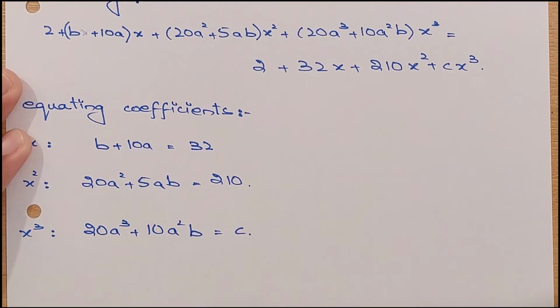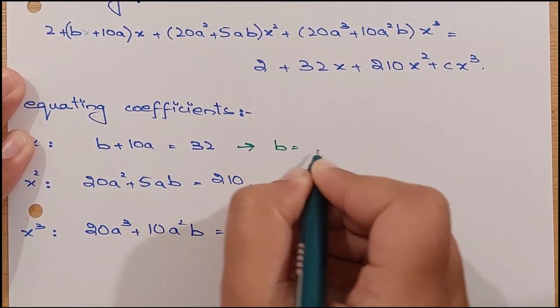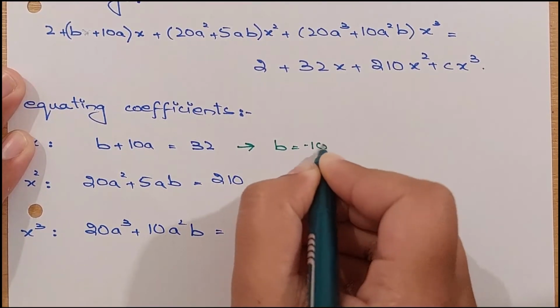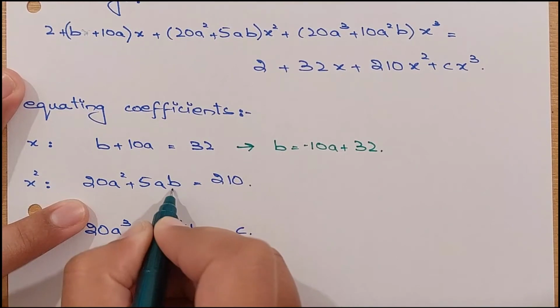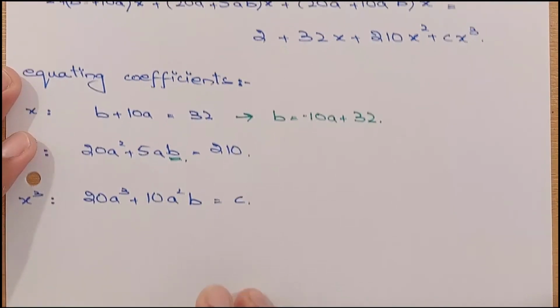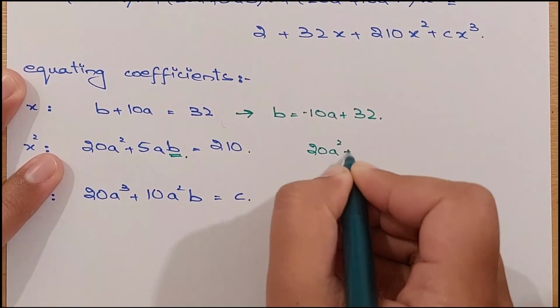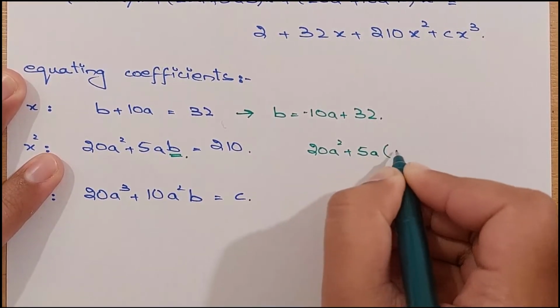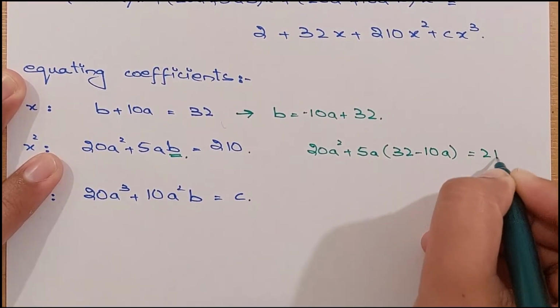So we have 3 equations. So from the first equation we can say that the b value is minus 10a plus 32, right? Now let me substitute the b value over here, okay, and simplify. So we can say 20a square plus 5a times the b value, which is 32 minus 10a, this is equals to 210.